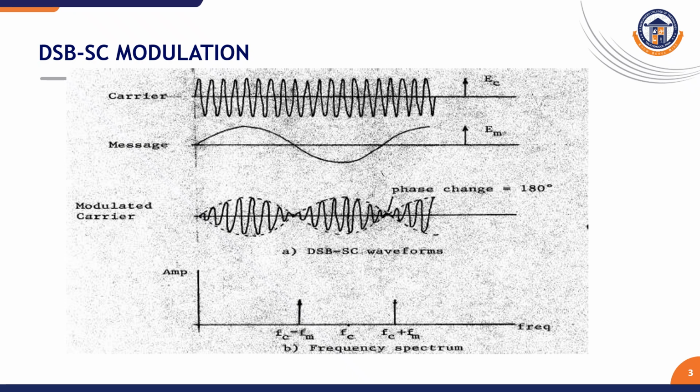So in this frequency spectrum, the lower and upper bands are transmitted while the carrier is suppressed. So it is a specialty of DSBSC modulation. Thereby, the power requirement in DSBSC modulation is less compared to the general standard amplitude modulation scheme. That is the best feature of DSBSC modulation.